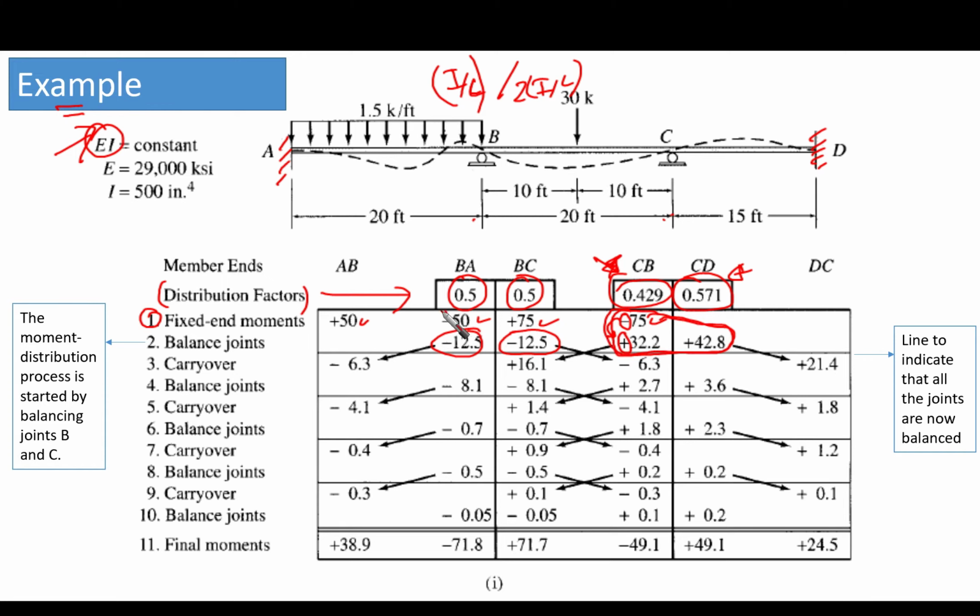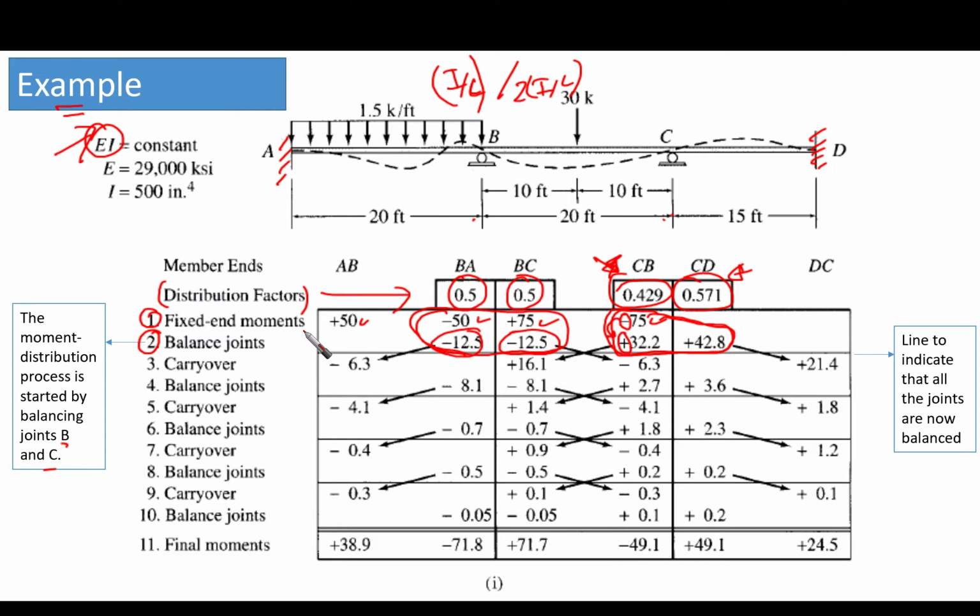And if you calculate the summation of these four moments for point B inside the cell, you are going to find that they are 0. This means they are balanced. So the second step is balancing the joints simultaneously. The moment distribution process is started by balancing joints B and C together at the same time.